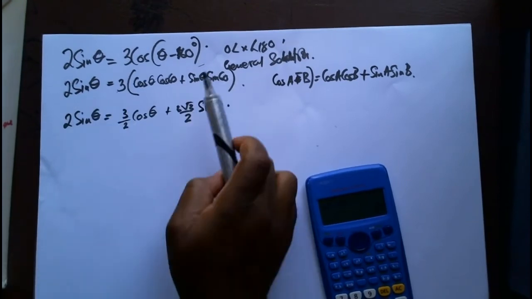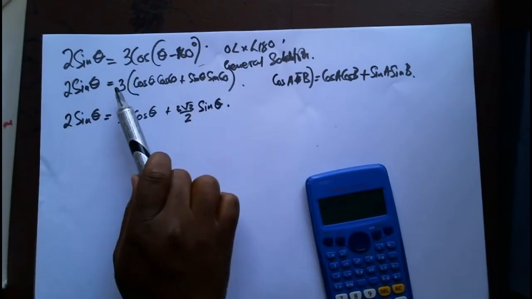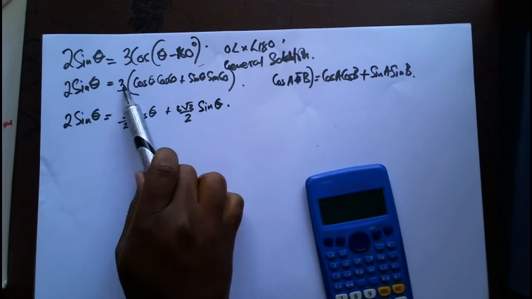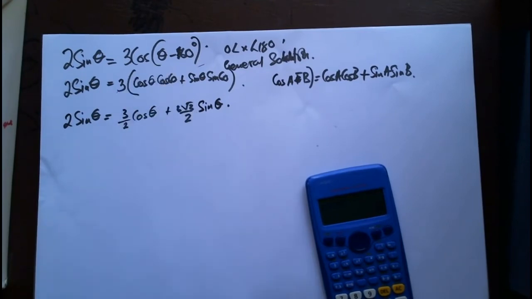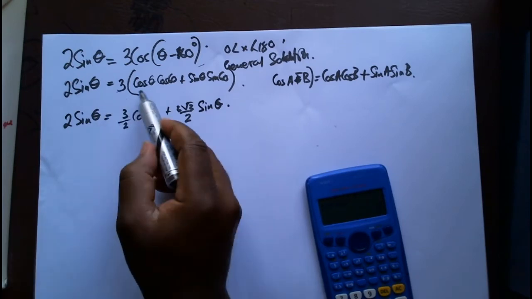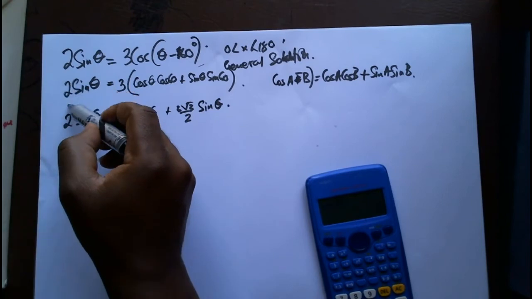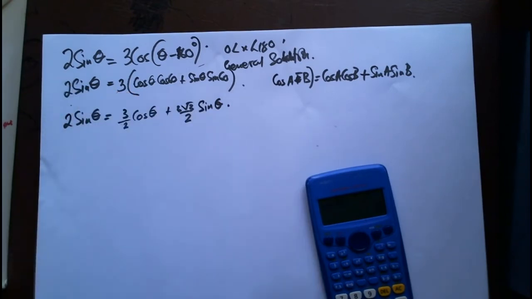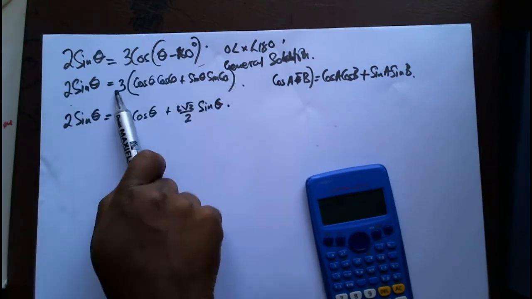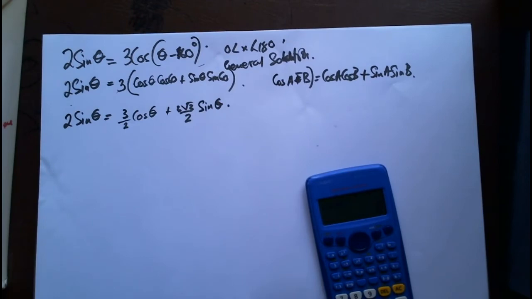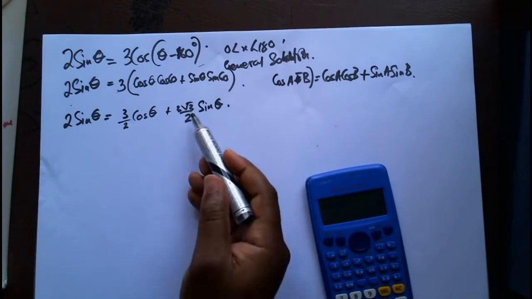Another problem that might happen is that you might forget to multiply the 3 into there. The moment you forget to do that, it becomes wrong. Or you can first divide by 3, and it becomes 2 over 3 here, then you can expand. Me, I decided to multiply it in. So now I can take this to this side.